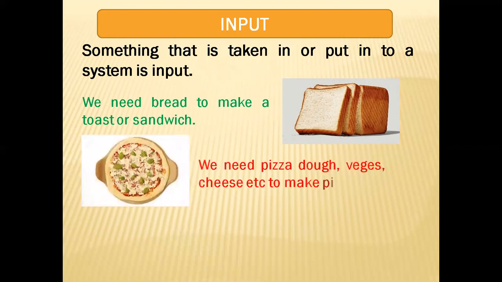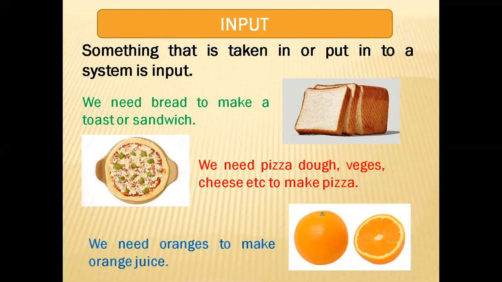Similarly, we need pizza dough and veggies and cheese, etc. to make pizza, right? Right now it's uncooked. Or if we want to have orange juice, we need oranges for that. These are the prerequisites, or the things that are needed to get our output or our results. So these things are the input.